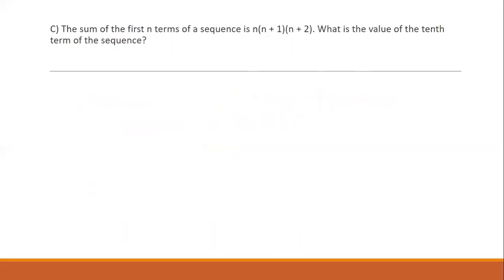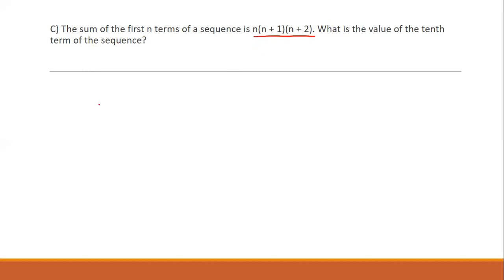Question C, the sum of the first n terms of a sequence is n bracket n plus 1 bracket n plus 2. What is the value of the 10th term in the sequence? So if this is the sum of any term denoted n, we can go ahead and plug in 9.